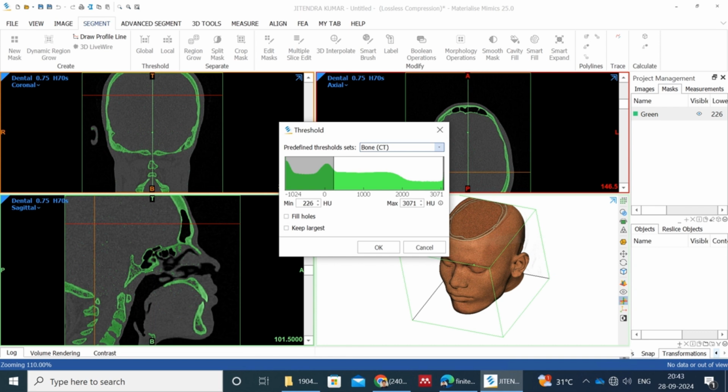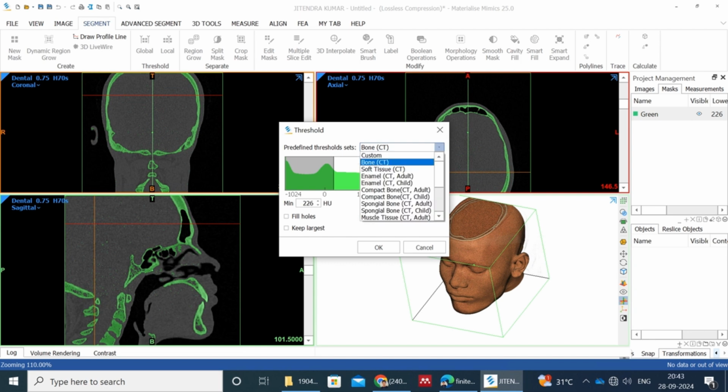Do you have any doubt? So after clicking the threshold tool, you can see these are the Hounsfield units.